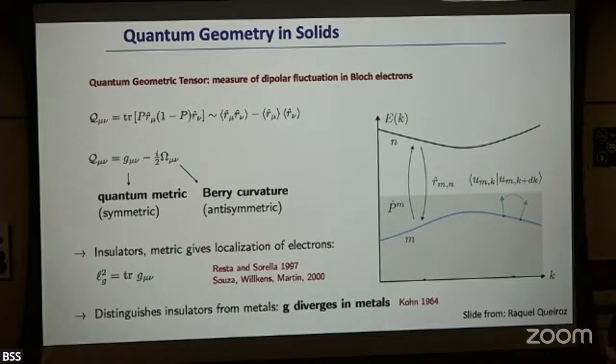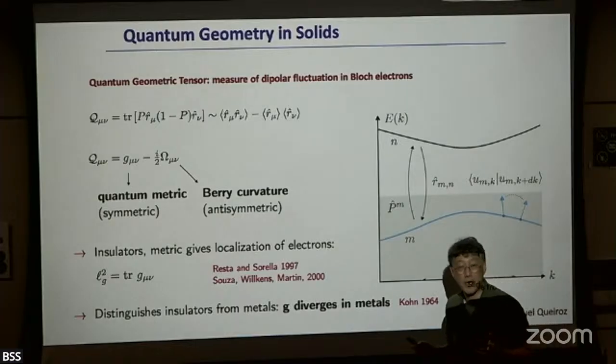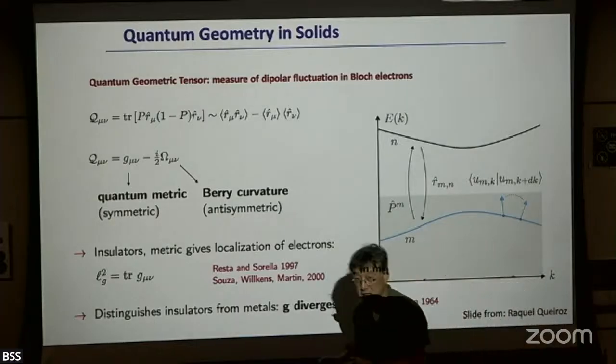But at the end of the day, the whole idea is that each band has this quantum geometry, where the real part is the quantum metric and the imaginary part is the Berry curvature.